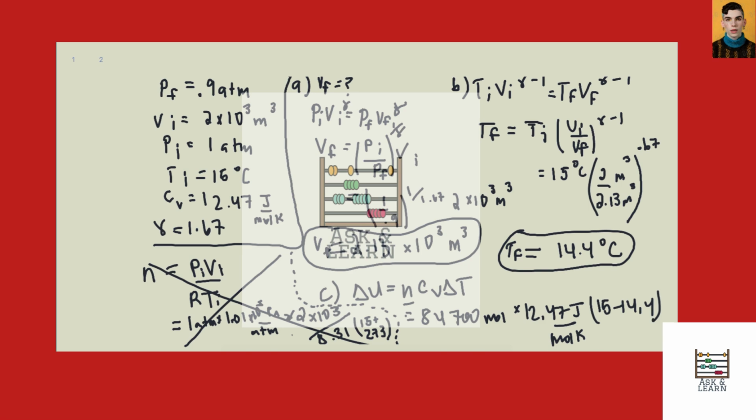You can subtract degrees C, and it's the same difference as degrees Kelvin. And then, oh no, I'm back to being squished. 634 times 10 cubed joules. And really not enough room for a box, so I'll just do a partial box. Oh, there, that worked. Okay, so there's our answer.